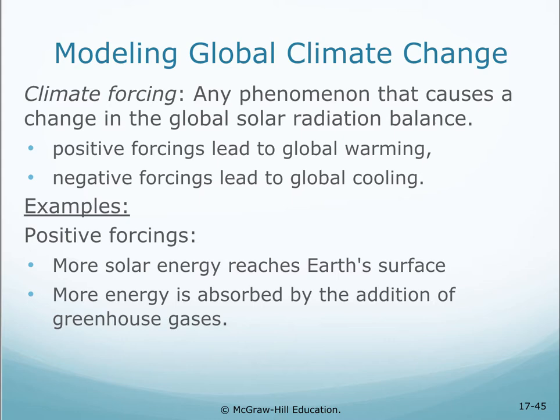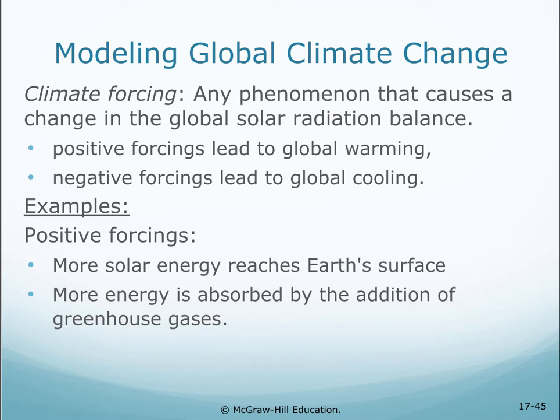Climate forcing: any phenomenon that causes a change in the global solar radiation balance. Positive forcings lead to global warming. Negative forcings lead to global cooling. Examples, positive forcings: more solar energy reaches Earth's surface.